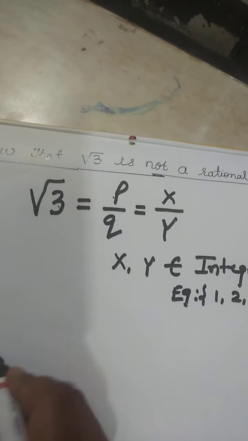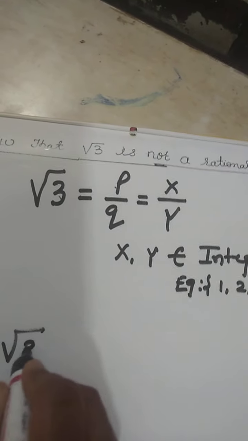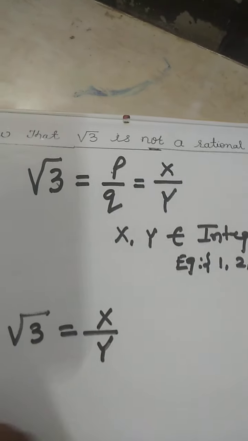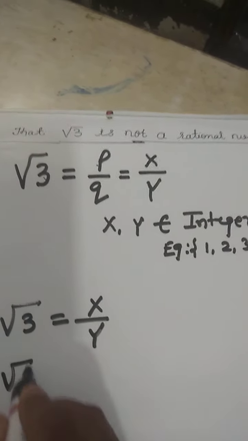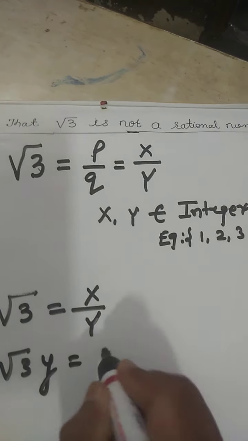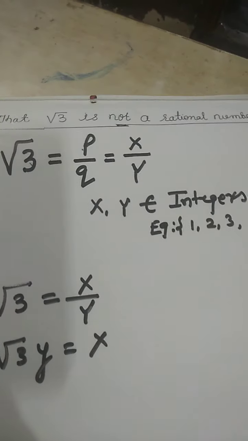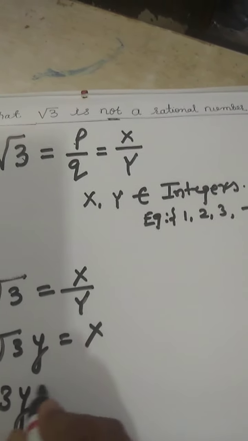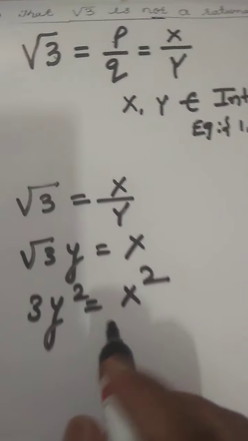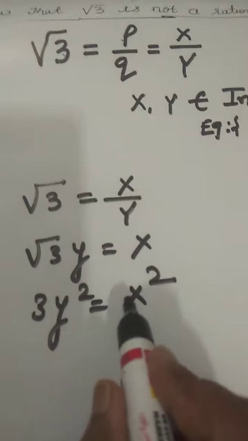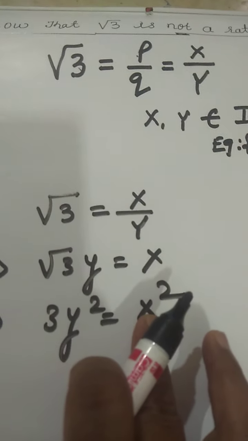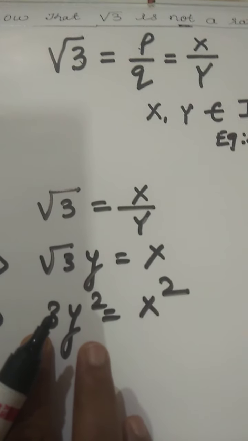Now let root 3 is equal to X by Y. This implies root 3 Y is equal to X. So this implies 3Y square is equal to X square. It means X square is a multiple of 3.